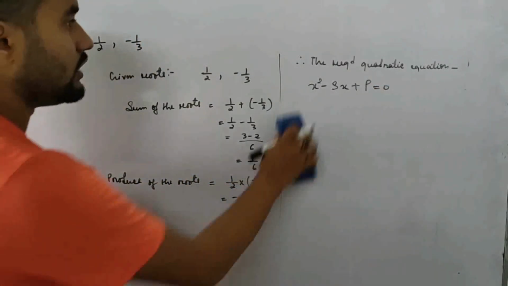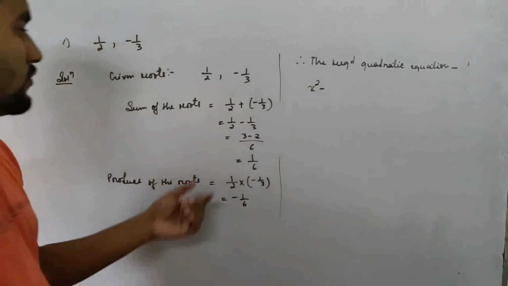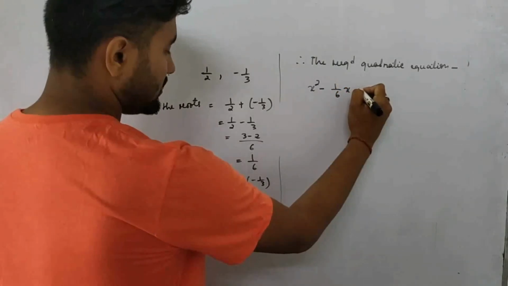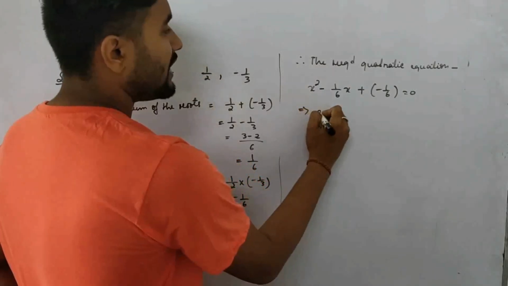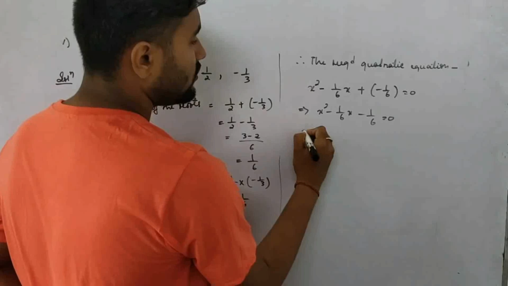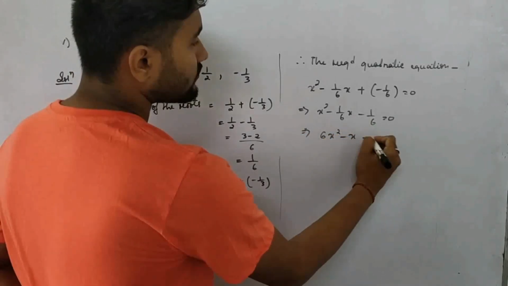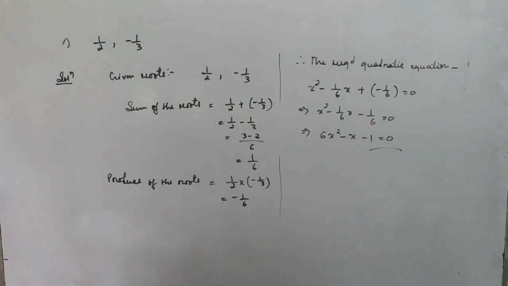Shortcut one. x square minus sum of the roots, which is 1 by 6, so 1 by 6 x plus product of the roots, which is minus 1 by 6, equal to 0, which implies x square minus 1 by 6 x minus 1 by 6 equal to 0. So if I multiply by 6, this will be 6x square minus x minus 1 equal to 0. So which is the required quadratic equation.